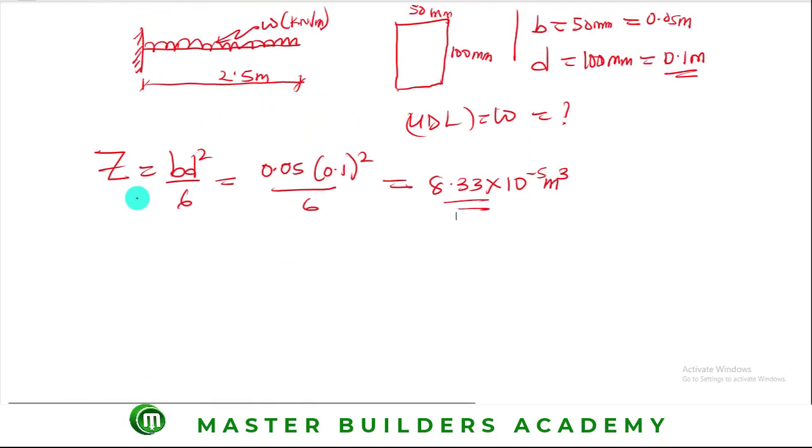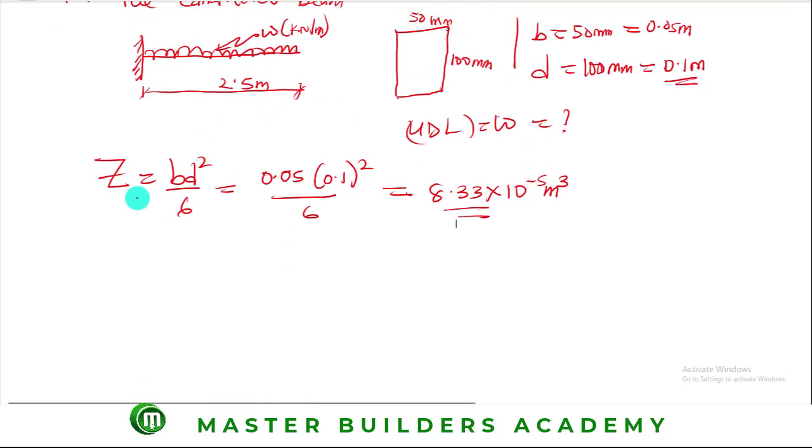Again, we need to get the maximum bending moment for this beam. The maximum bending moment for a cantilever carrying a UDL is w L squared over 2. This is the maximum bending moment for a cantilever beam carrying a uniformly distributed load.